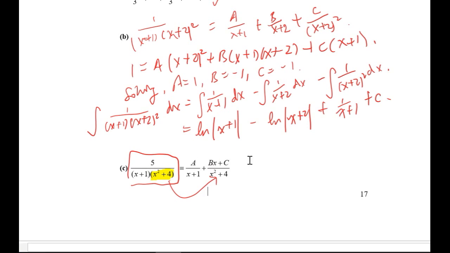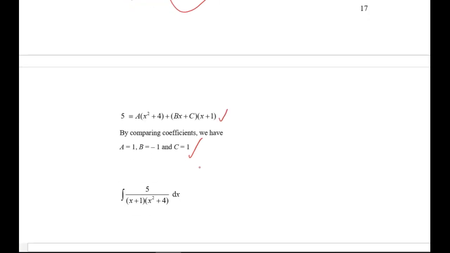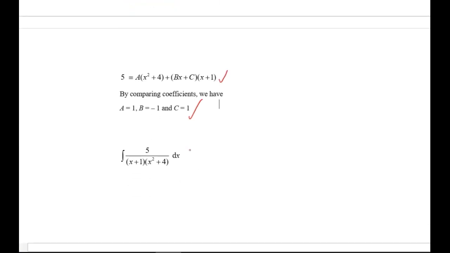Again, multiplying throughout by the denominator, we obtain this equation over here, and by comparing coefficients or substitution, I'll leave you to check that indeed we get these three values of a, b, and c. So how do we then integrate this fraction? Again, we are going to rewrite it in terms of its partial fractions.